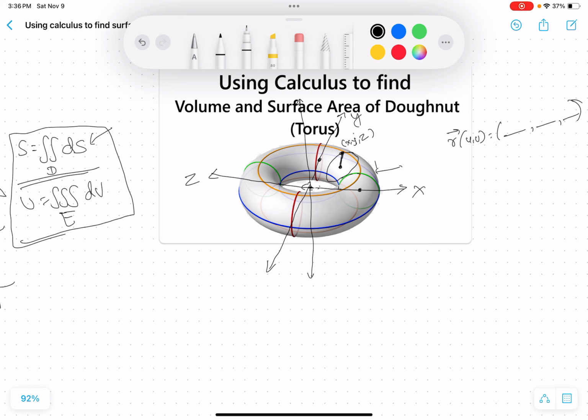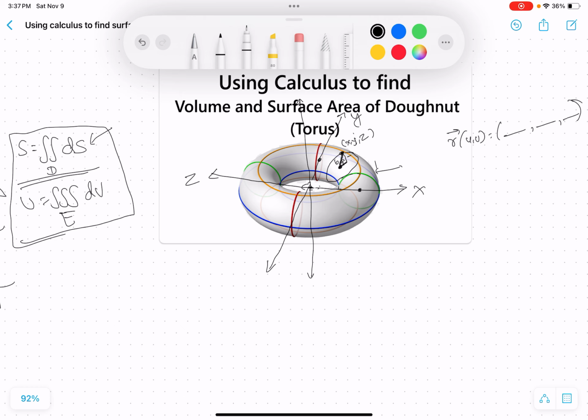So that's the idea. Now for this point, getting the z coordinate is really easy, because this center of this circle is in the xy plane, right? So we just need to find this height. Let's say the radius of this inner circle is b and this angle is beta. The height from the xy plane will be b cos beta, right?